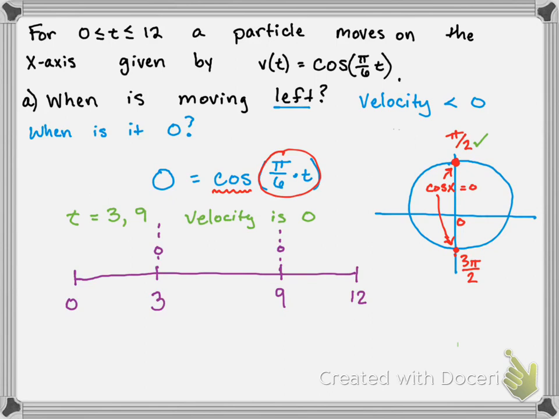So what we have to do is figure out some of the values in between. If I check 1, in between 0 and 3, is that going to give me a positive or a negative value? These are all time t. This is my time interval here.